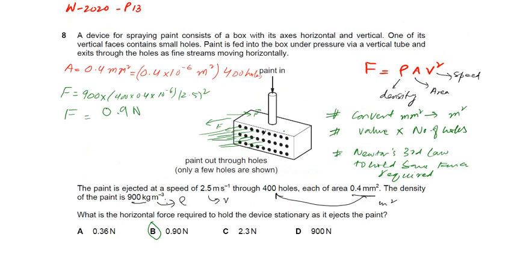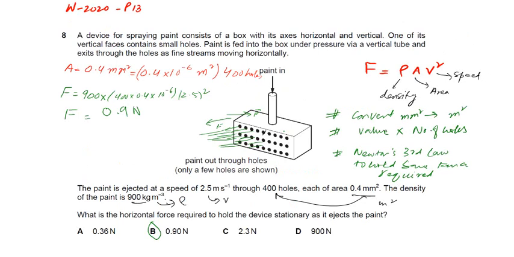The paint is ejected at a speed of 2.5 meters per second through 400 holes, each of area 0.5 millimeter square. The density of the paint is 900 kilogram per meter cube. What is the horizontal force required to hold the device stationary as it ejects the paint?